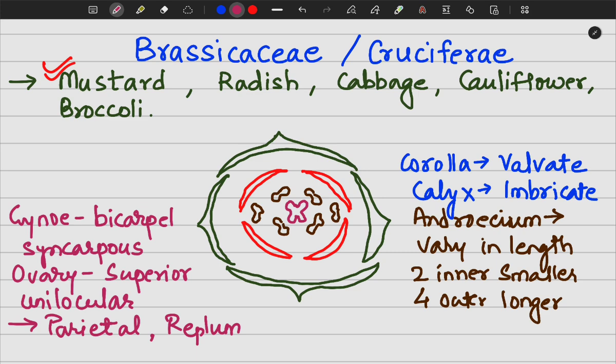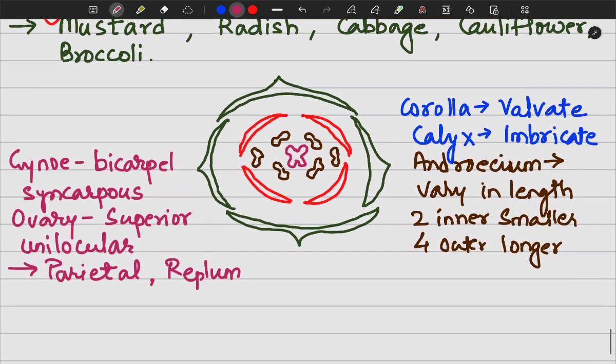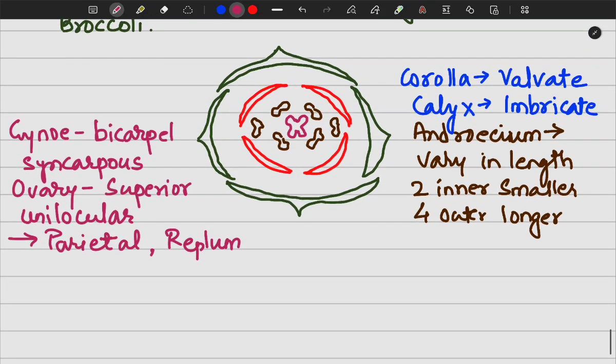Now let us write the floral formula for this. First of all, we will write the symmetry of the flower. This flower is actinomorphic, with radial symmetry. Then we will write whether the flower is male or female. This flower has both parts, so it is bisexual.